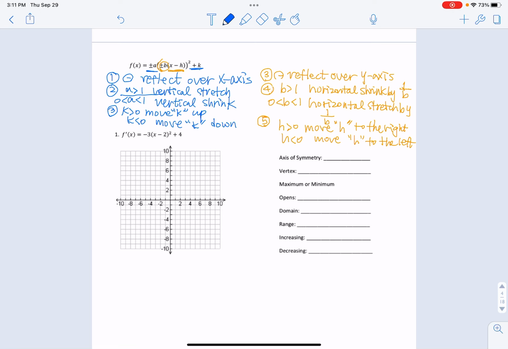And then the blue ones here, the value outside, plus or minus, or a value, and then plus k, all the ones outside to the right, affect the y value. So you have to change the y value according to the transformation rule.